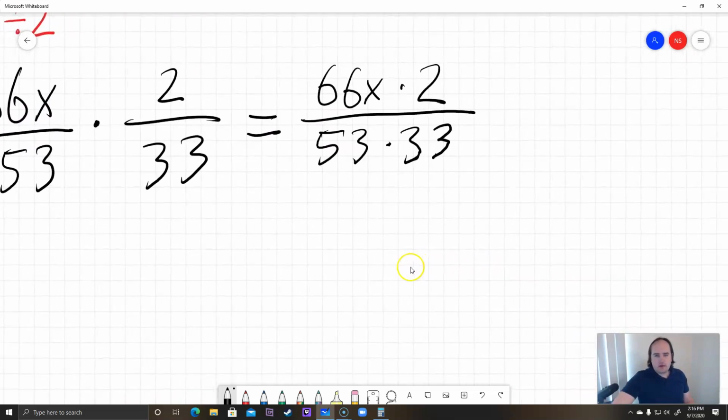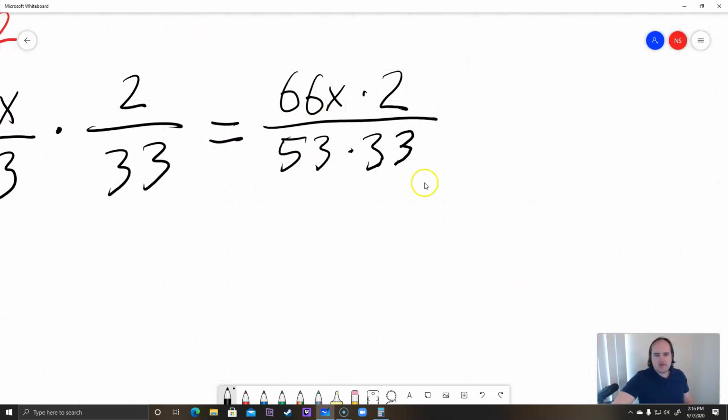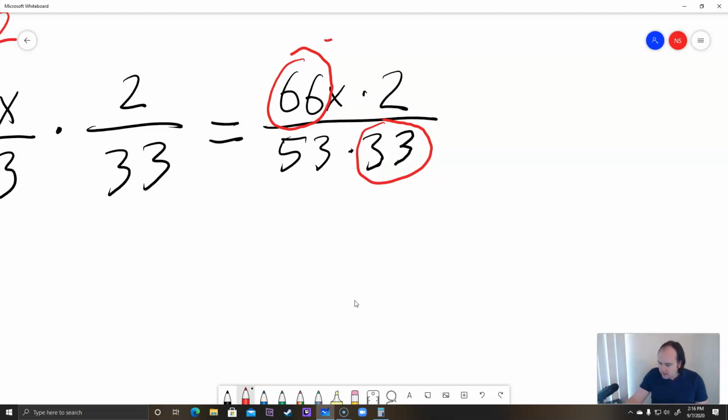And then we're going to want to divide out by any common factors. So you might not know this right offhand, but 66 divided by 33 is 2. So in other words, we have a common factor here and here. So looking at the 66 and the 33, well, what's the biggest number that goes into both 66 and 33? Well, that would be 33. So we're going to divide the top and the bottom by 33.